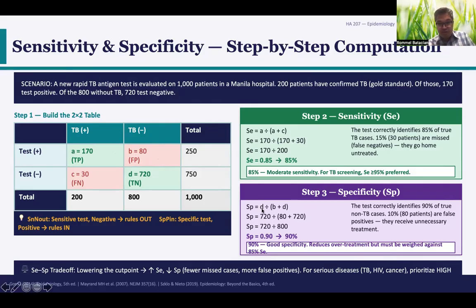So 720 divided by 800, it's 90%. This means the test correctly identifies 90% of true non-tuberculosis cases, or those who are negative for tuberculosis. And then 10% are false positives.